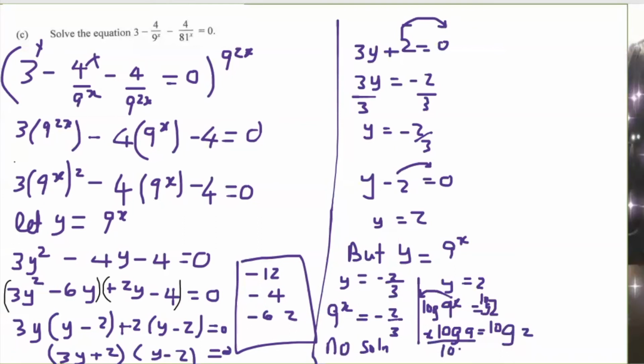So divide both sides by log 9. The log 9's cancel, so what I will have now is x is equal to log 2 over log 9, which we can work out, but I'm going to leave it as it is. So that's it.